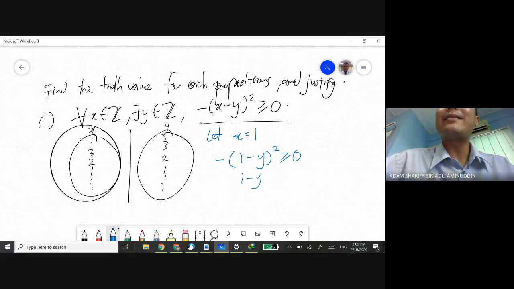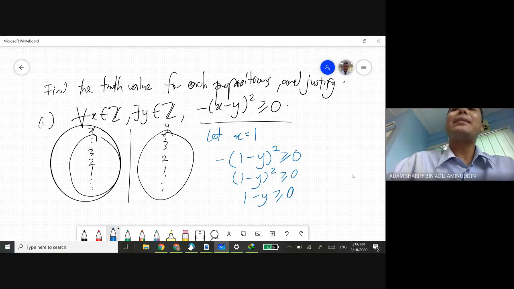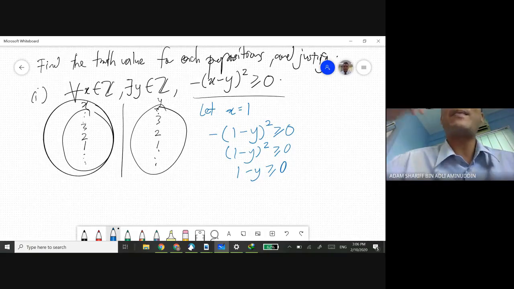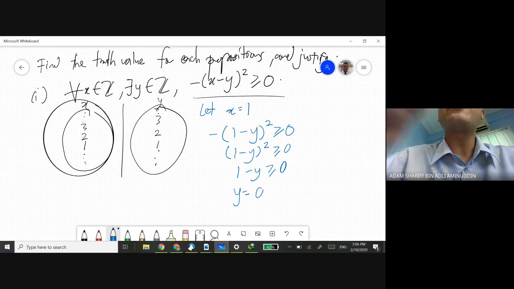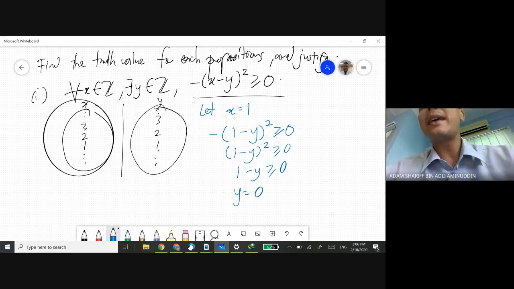If someone can answer this faster than I, just answer it. Then there are plenty of solutions here. Negative 1 minus what is larger than or equal to 0? What will be the y? Potential y, your y can be plenty. But in this case, I can say yes, my y equals to 0 because 1 minus 0 is larger than or equal to 0, right?